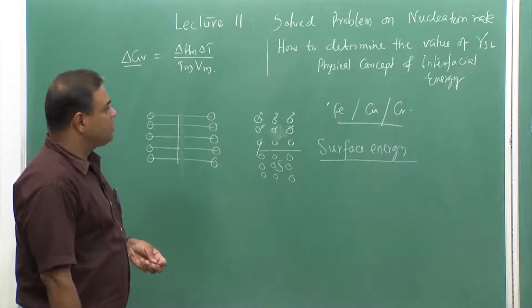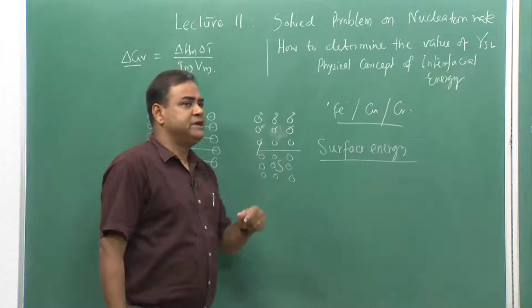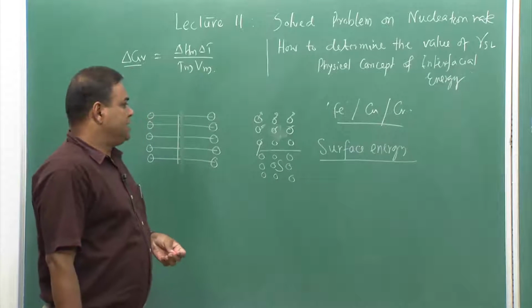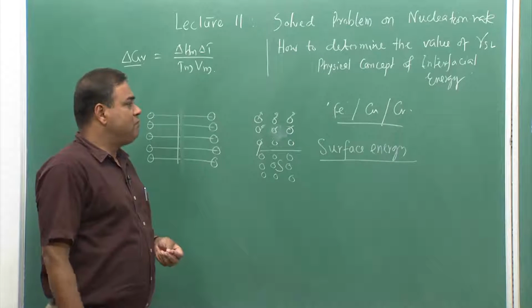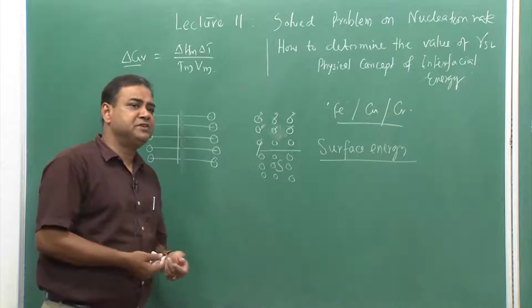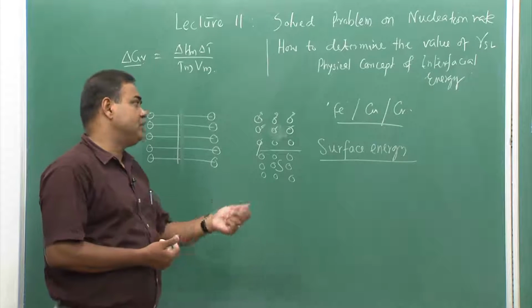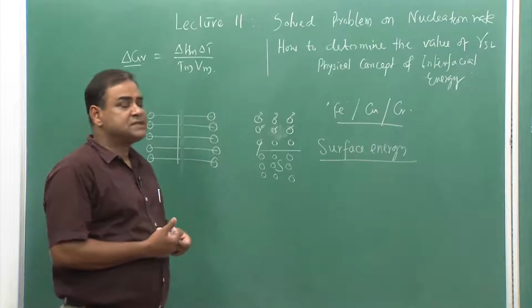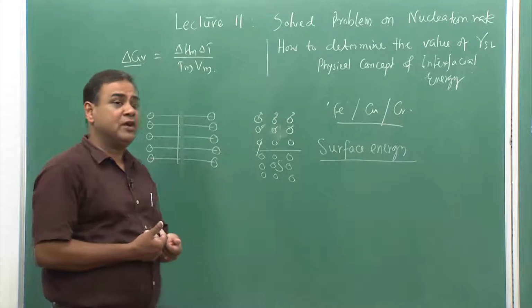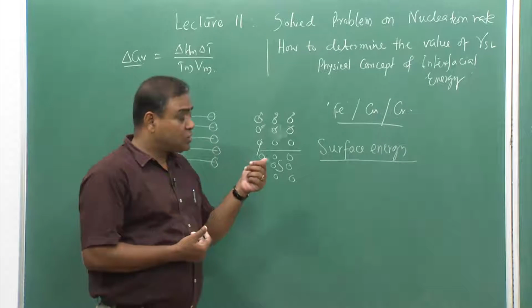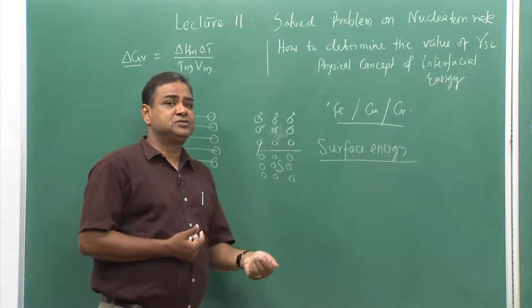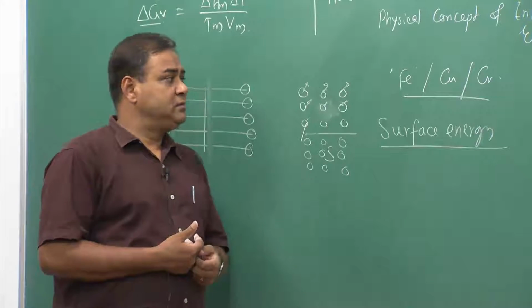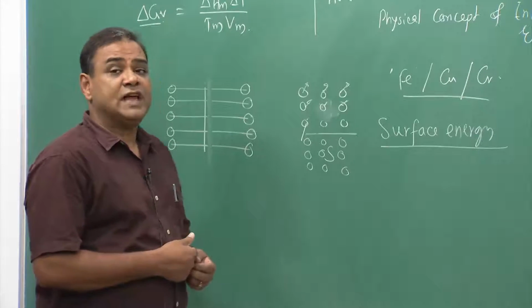Now, whenever we talk about the structure of metal, interestingly, in most of the common engineering metals that we use, for example, iron, we use copper based alloys, we use nickel based superalloys, we use chromium as an addition to the iron. Then we use aluminum.